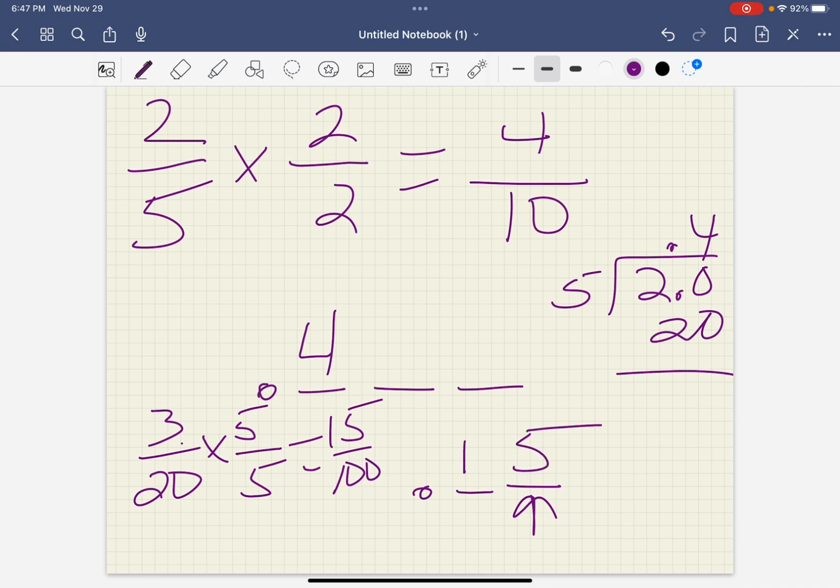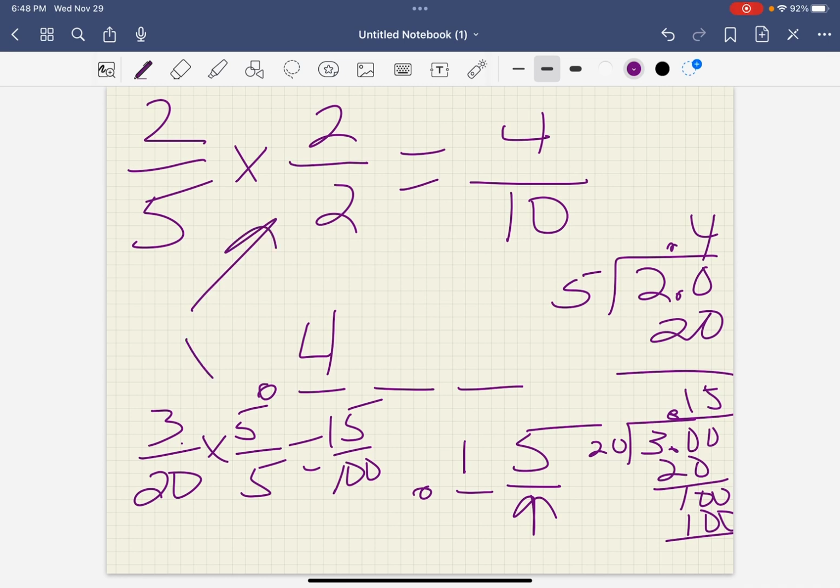Again, if you don't remember to do that, you can always divide. 20 goes into 30 once, and 20 goes into 100 5 times. So either way, you're going to get 0.15. It's just so much faster if you remember to do it this way instead of having to long divide it.